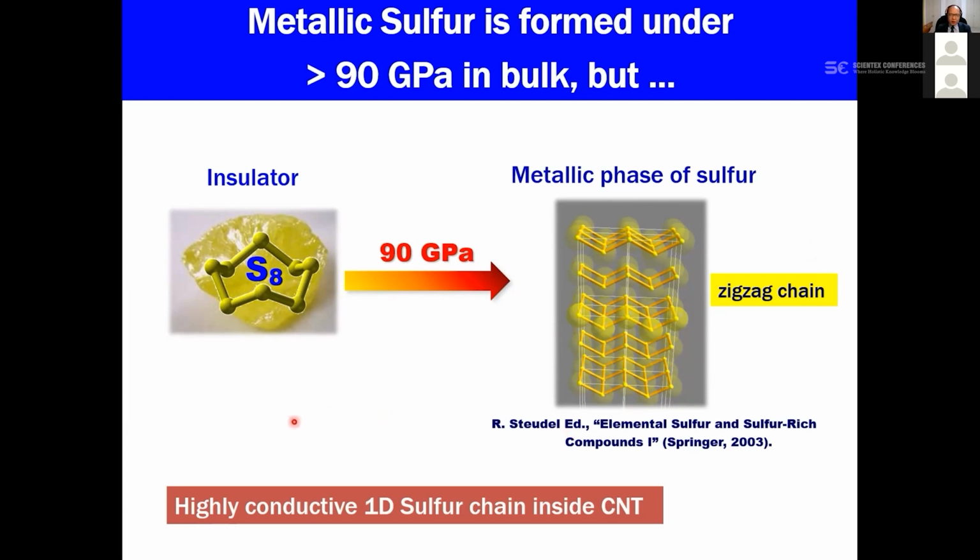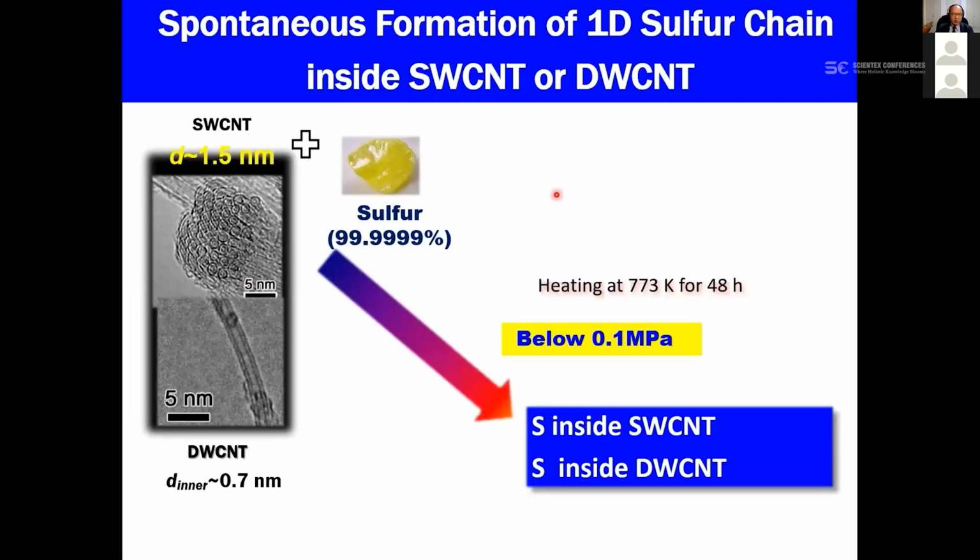And also in theoretical work, they predict that if we can prepare the zigzag chain or linear chain of sulfur, the one-dimensional sulfur should be metallic. Then we challenged this subject.